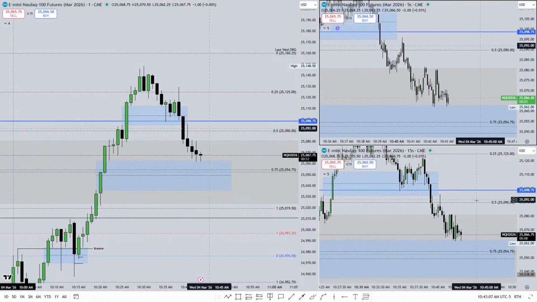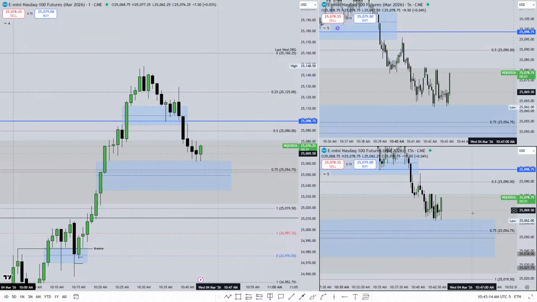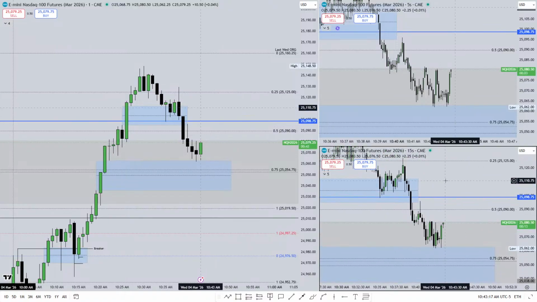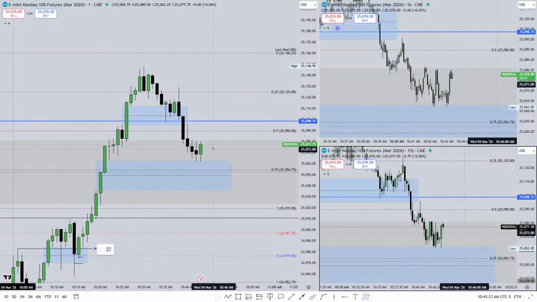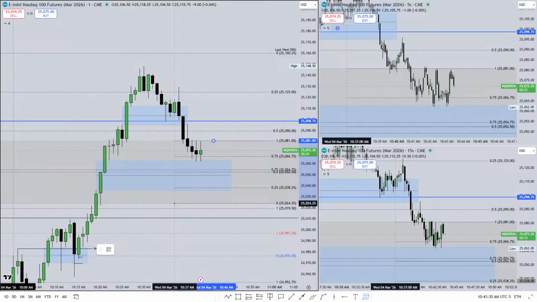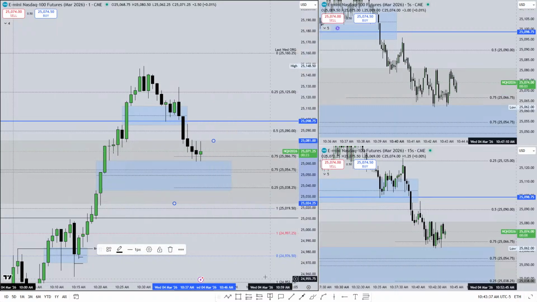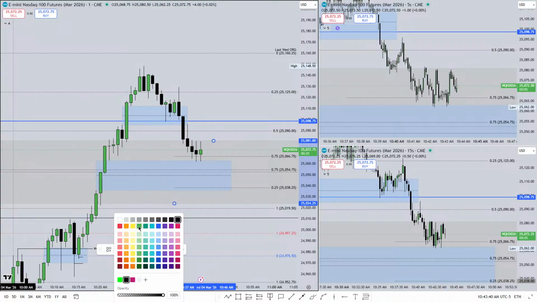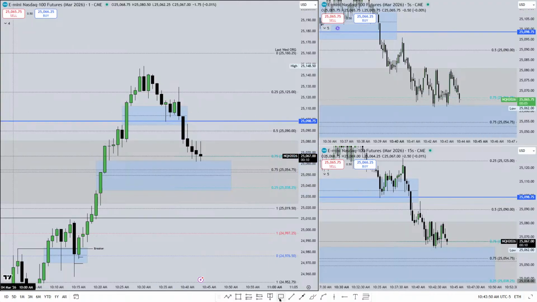So I'm going to be looking on the lower time frames right here to see if I can get anything else to enter in on. Going to have those quadrants there.